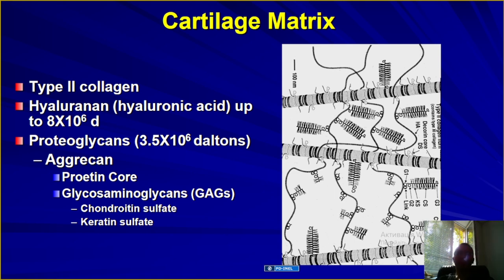Besides, there are a lot of proteoglycans, such as glycosaminoglycans and chondroitin sulfate. These are also widely used in the treatment of osteoarthrosis. So all these three components will be mentioned when we will be talking about treatment. You should remember these three components.